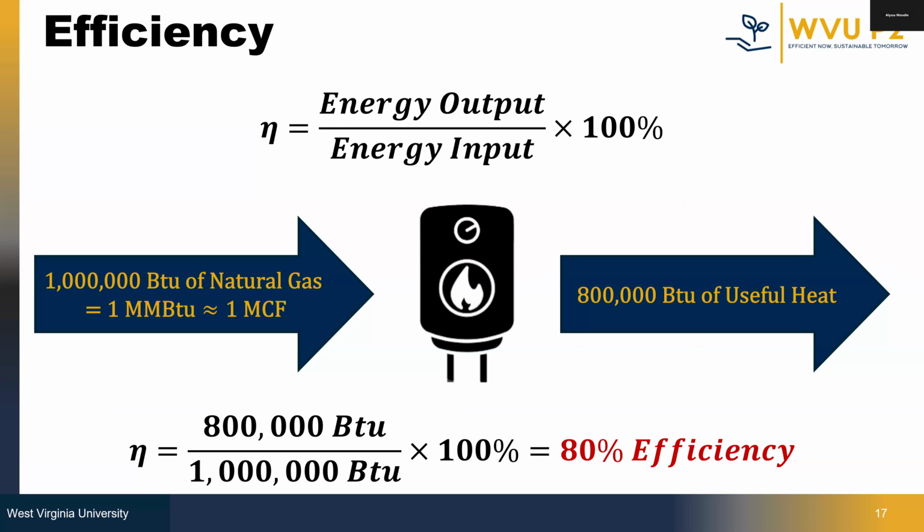So the remainder of the energy, in this case the other 20%, is going to be lost. And those losses can occur for various reasons, including thermal losses from the surface of the boiler and incomplete combustion of the fuel. We'll discuss sources of loss in more depth right here.